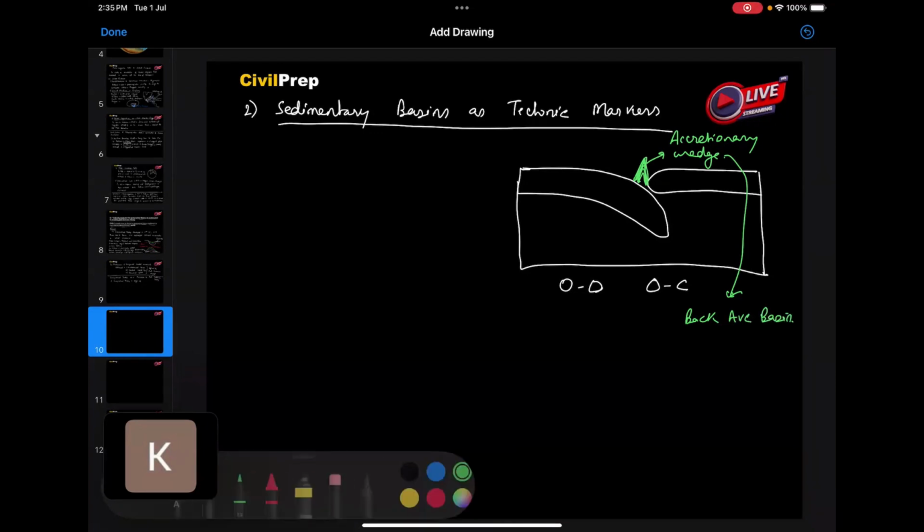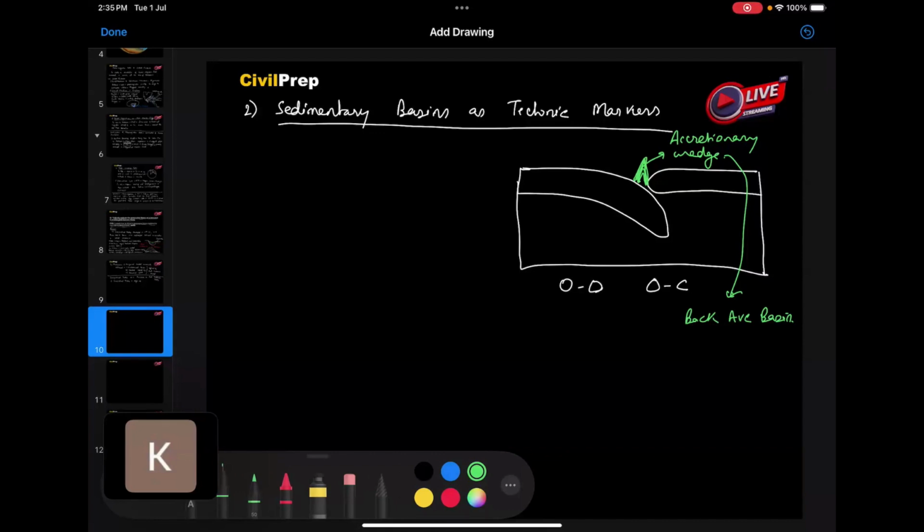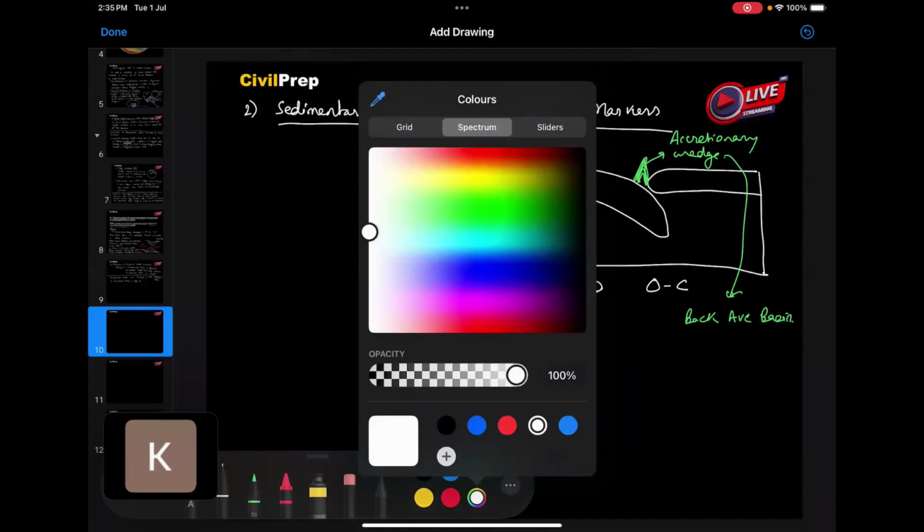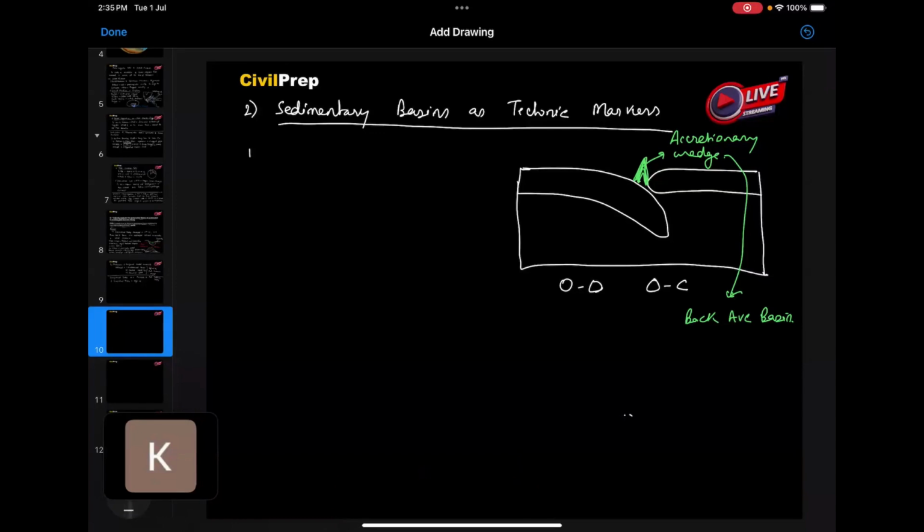The formation of this back arc basin or accretionary wedge is explained both by the geosynclinal theory and the plate tectonics theory.